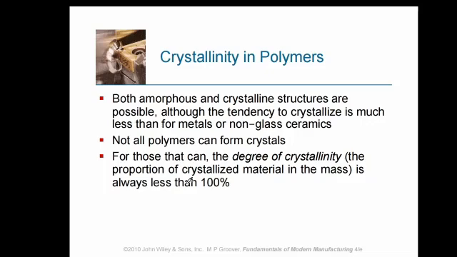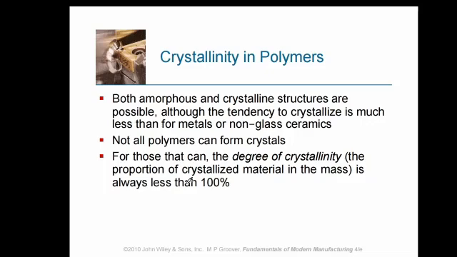In terms of crystallinity, it is possible to have amorphous and crystalline structures. However, the elastomers are generally amorphous or non-crystalline, whereas the thermoplastics or the thermosets can be crystalline in nature.